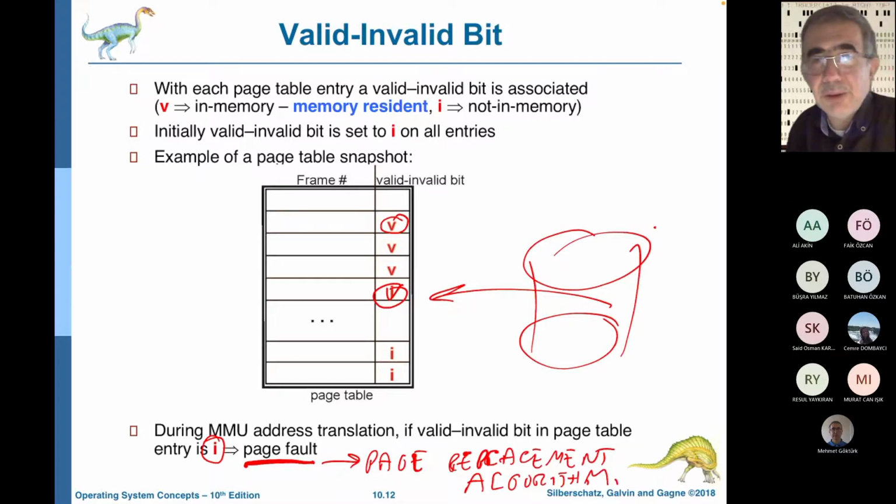The page replacement algorithm usually gets a page from the hard drive, but sometimes puts a victim back to the hard drive and gets the page to memory. So sometimes it requires swapping in and out, sometimes only swapping in.